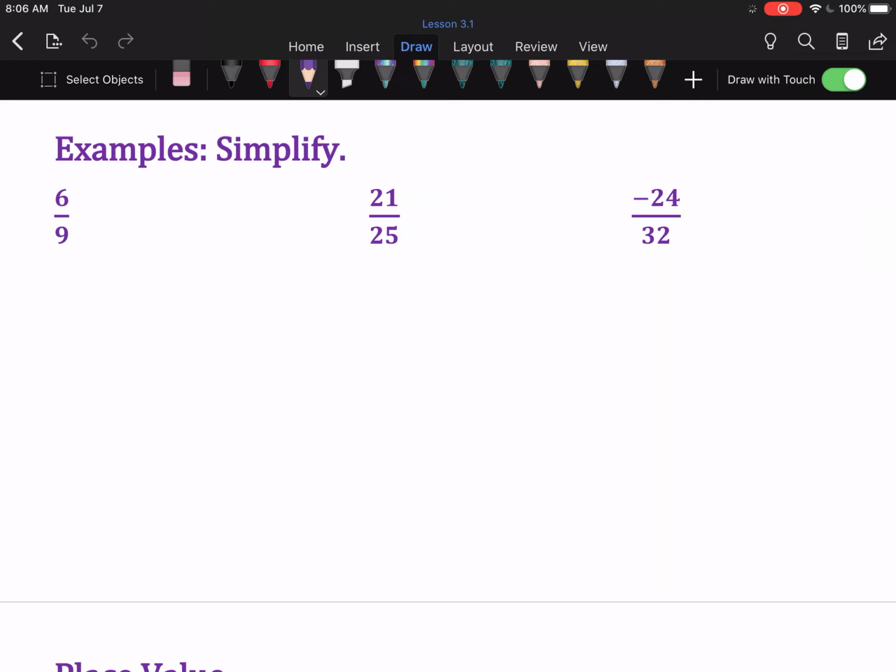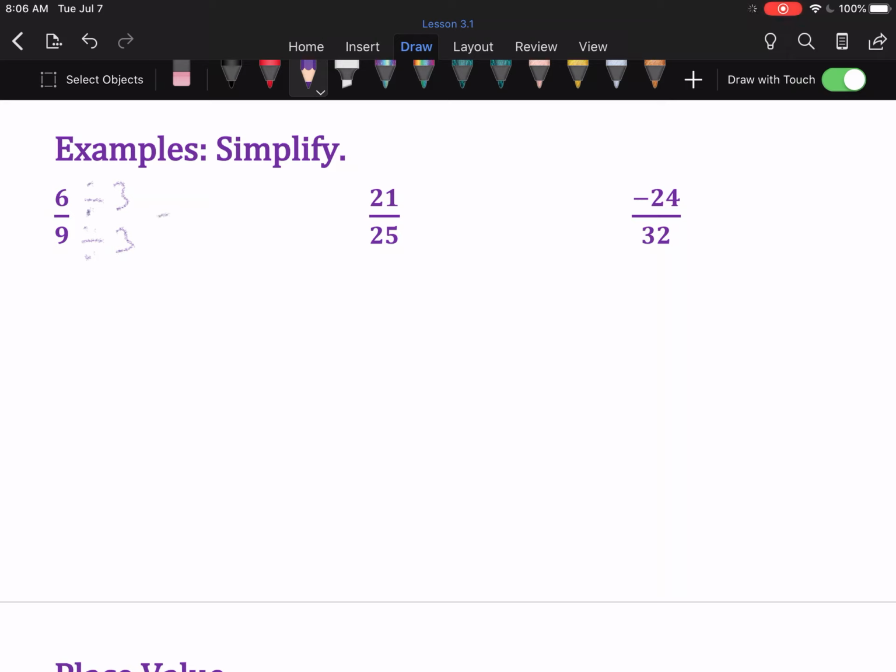When we're simplifying, the question is, what can I divide both of these numbers by? So 6 and 9, for example, I can divide them both by 3. My division symbol's a little hard to read. The dots aren't showing up very well.